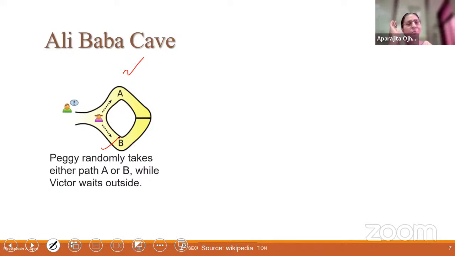So Peggy randomly takes either path A or path B, and it is Victor who has to verify whether she can come out from any path or not, knowing that it is likely that the paths are not connected. That means there is a door which is closed.